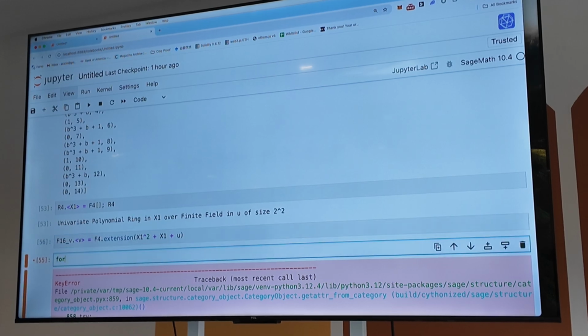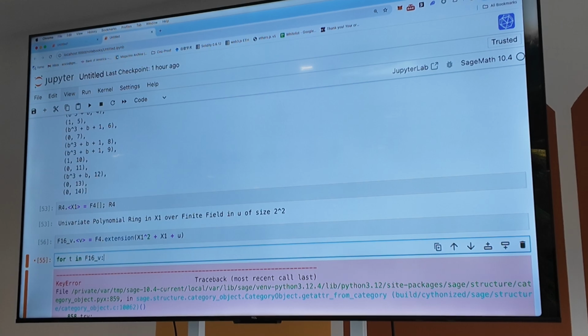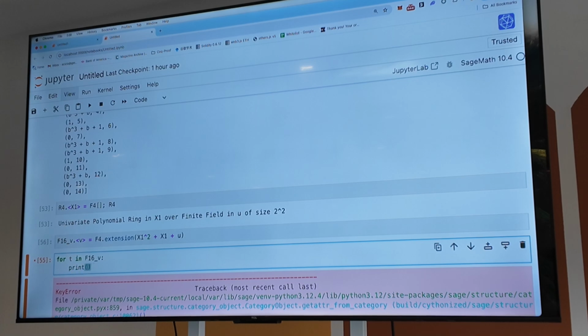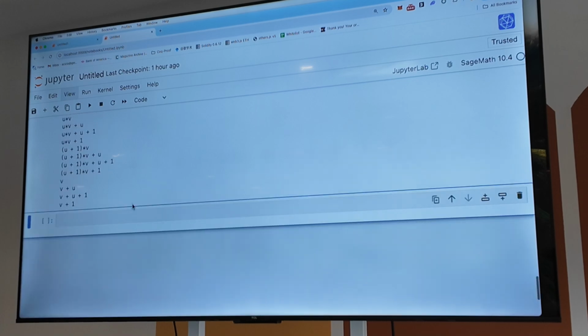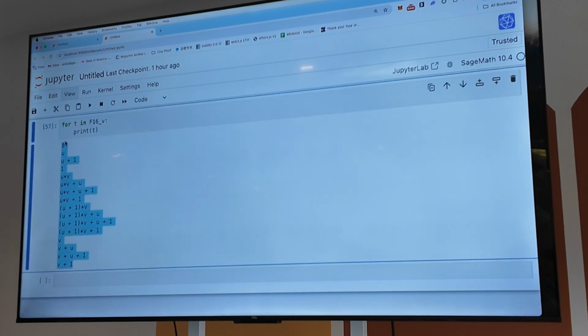For example, we just print all the elements in F16 V. Okay, it's totally different, right? F16 V is different from the two F16 we defined before, but they are isomorphic with each other.